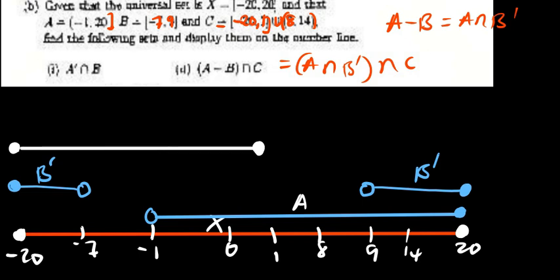That's the line, that is A. Another one. So now they have jumped again, 8 all the way to 14. So from 8, not included, all the way to 14, not included. Again in between. That's my A.